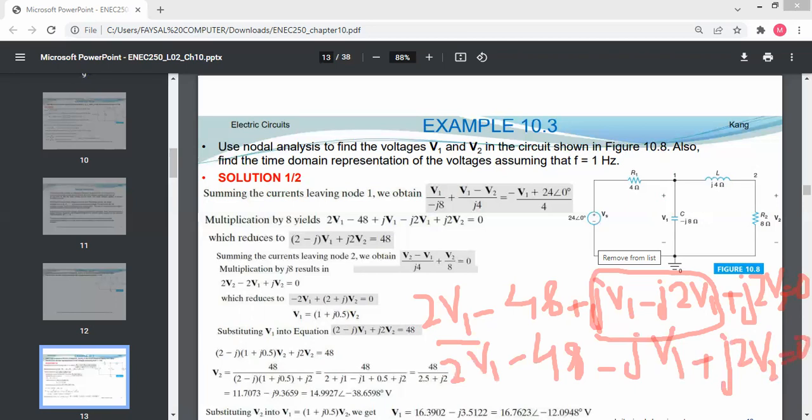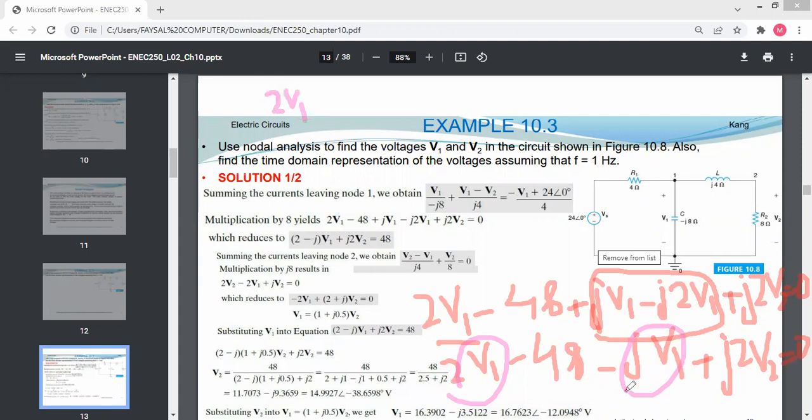Now for this, I have to factorize it. So it will be 2v1 again. Then this is the v1 parameter first, and second parameter is minus jv1.